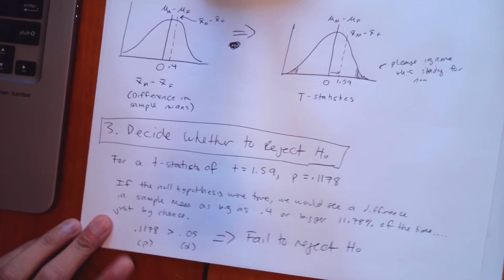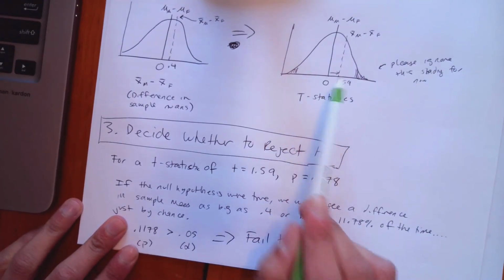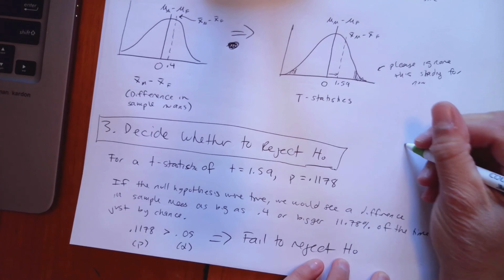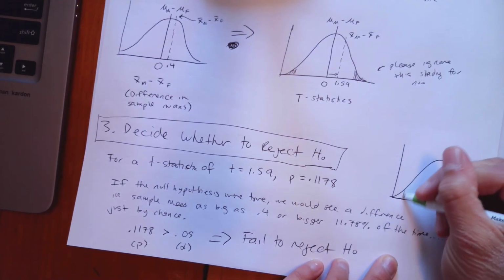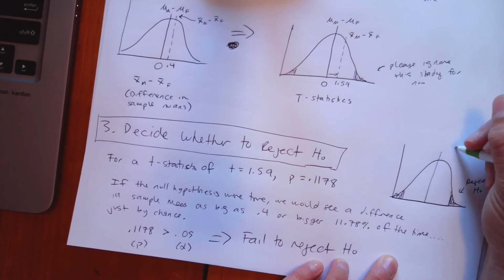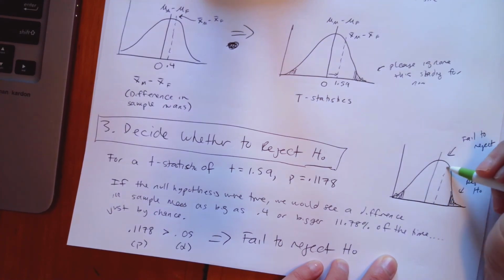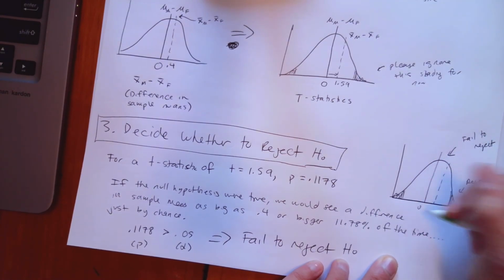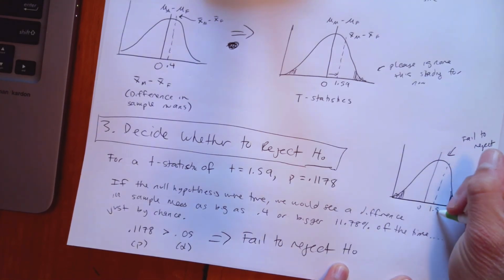And so that means that if you were to actually draw this at the right time, it would look like what I have here, where we have our zones where we would reject H0, and we have our zone in the middle where we fail to reject H0, and our sample here is in the zone where we fail to reject.